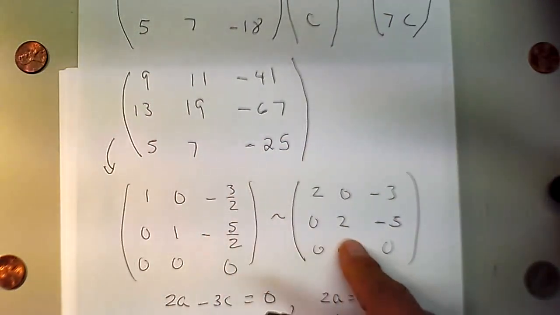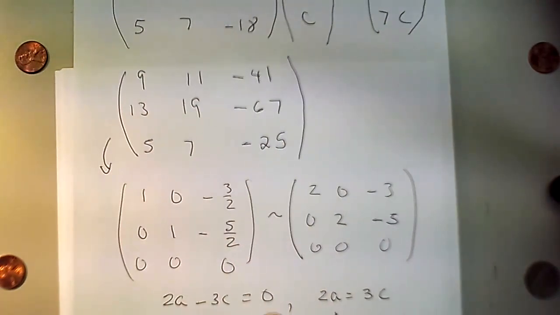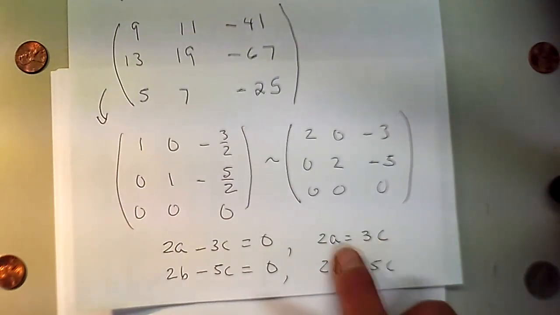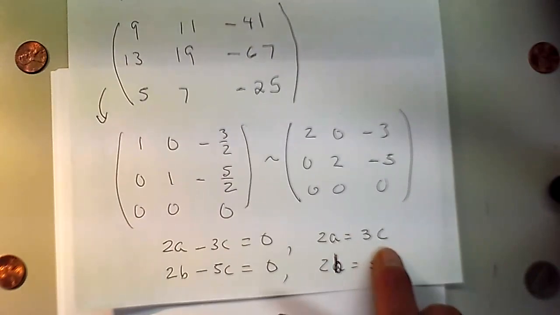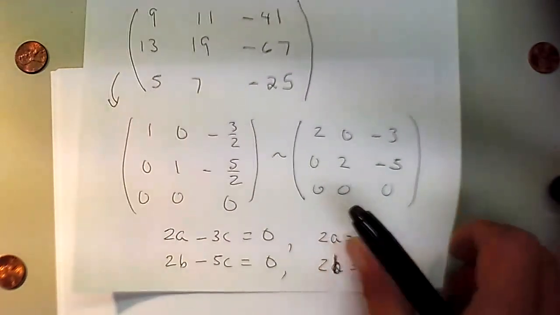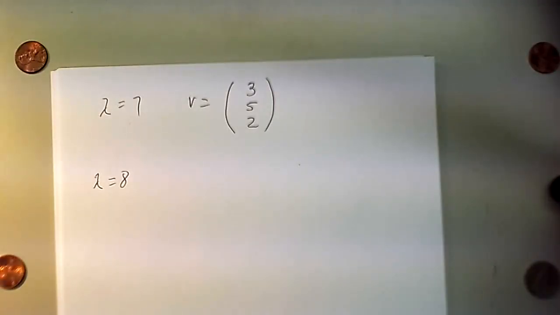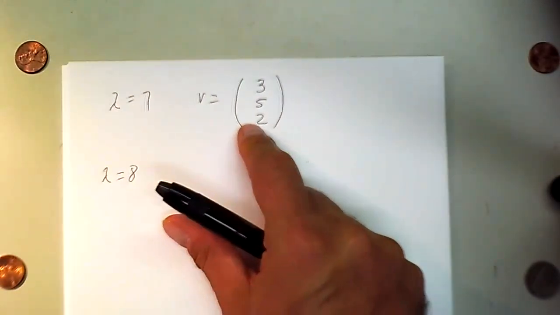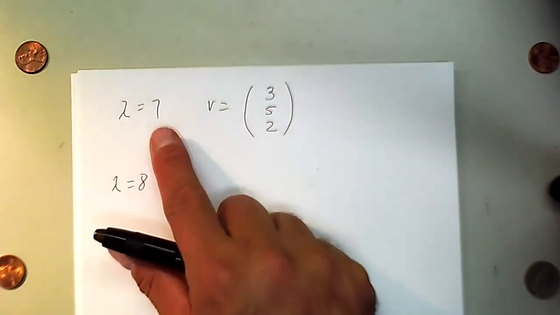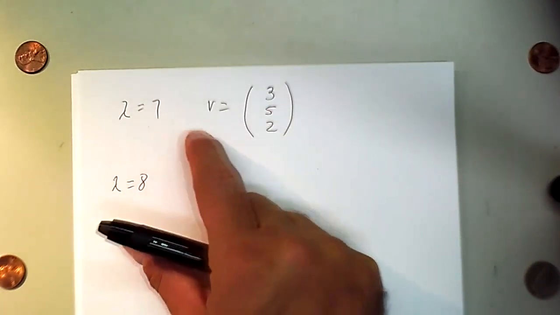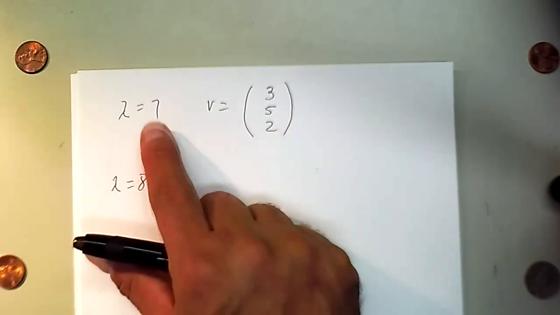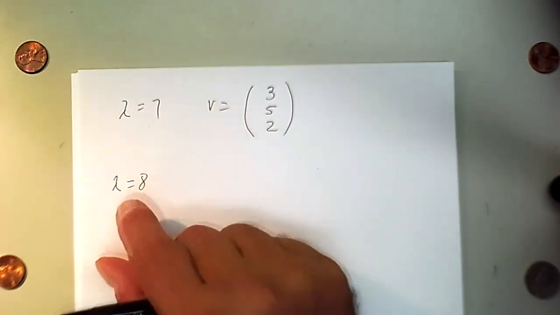And then we got to that, and then we have the equations. And then I pick numbers that are easy to work with, like 2, so that we don't have fractions. And that is okay. So this eigenvector corresponds to this eigenvalue, and there was a long process to figure out this eigenvector.